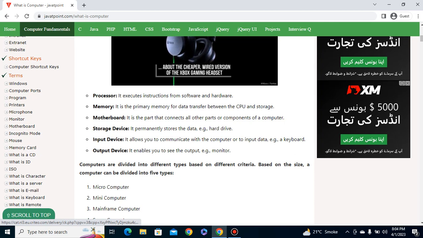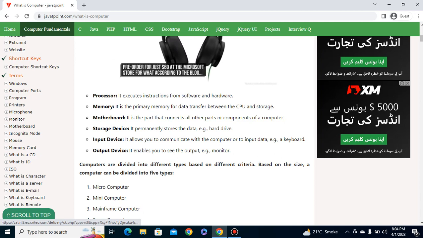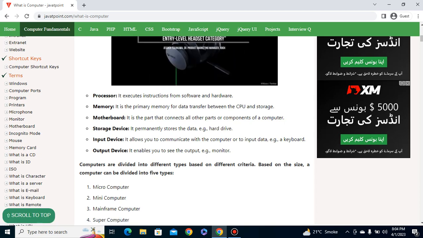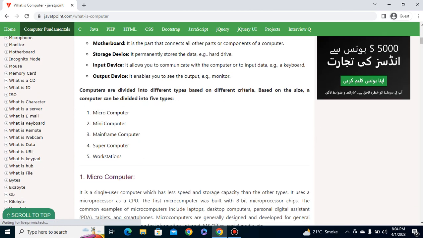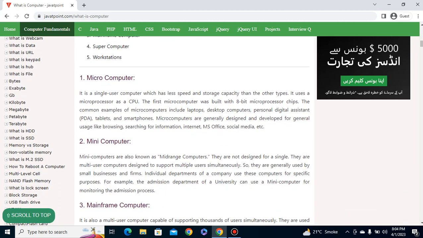Computers are divided into different types based on different criteria. Based on the size, a computer can be divided into five types: microcomputer, mini computer, mainframe computer, supercomputer, and workstations. Microcomputer. It is a single-user computer which has less speed and storage capacity than the other types. It uses a microprocessor as a CPU.